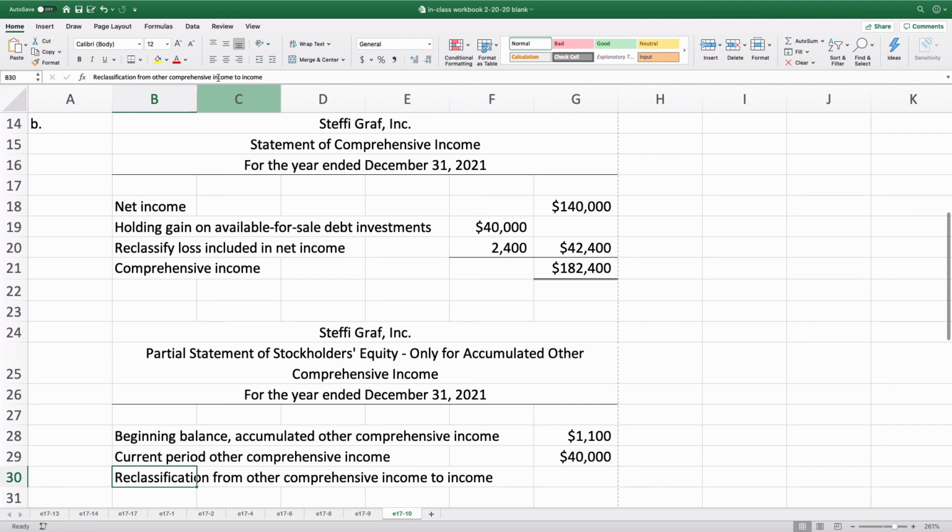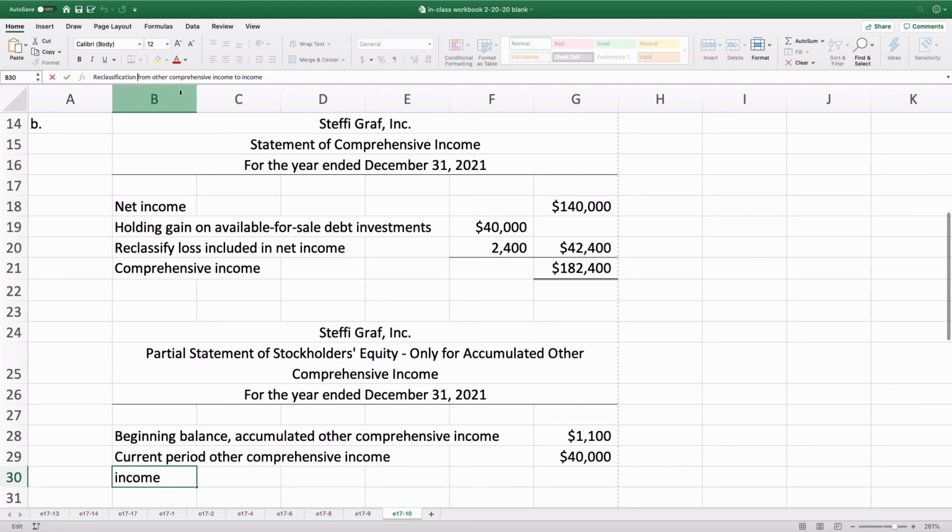And let's say reclassification of loss previously recognized in other comprehensive income, now recognized in income.